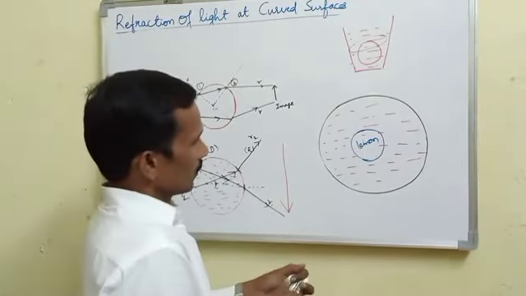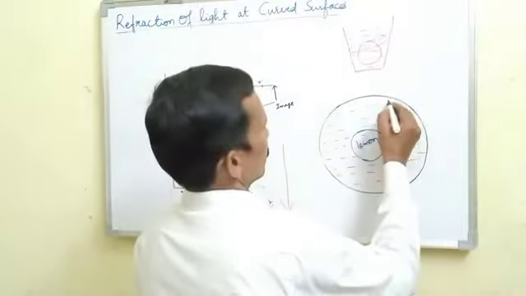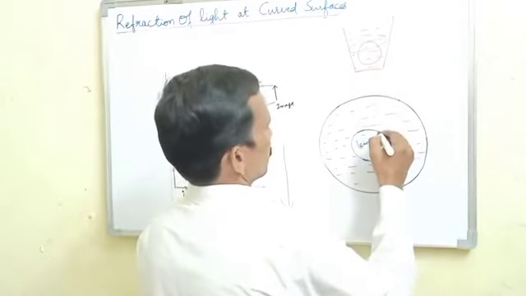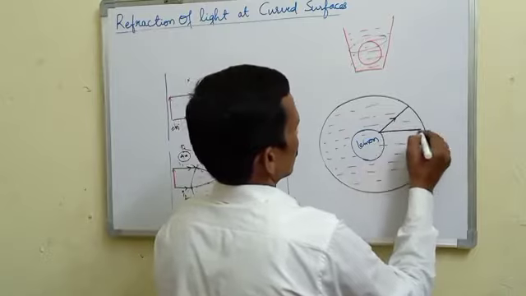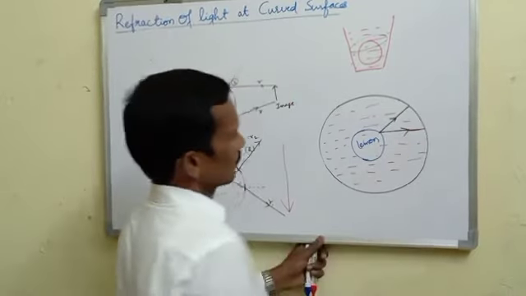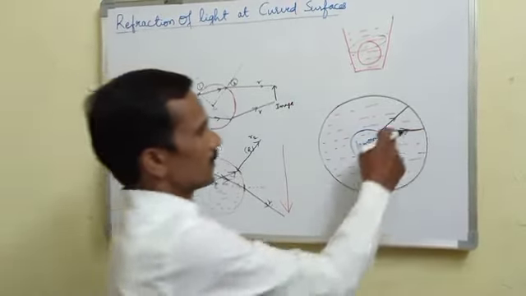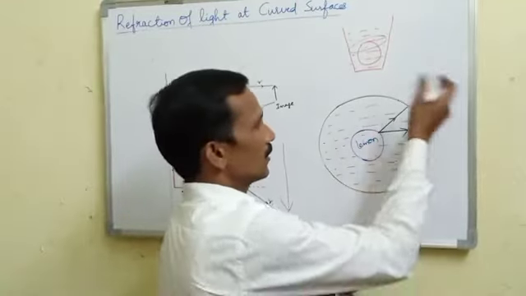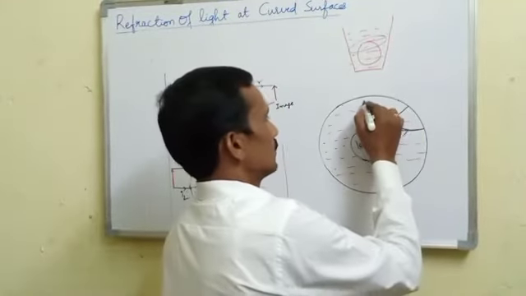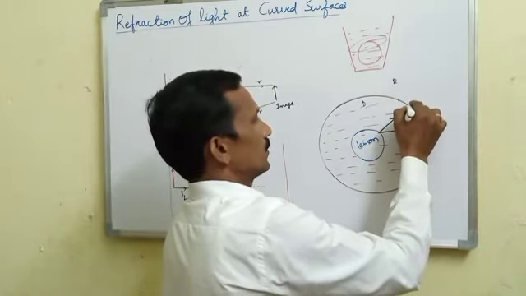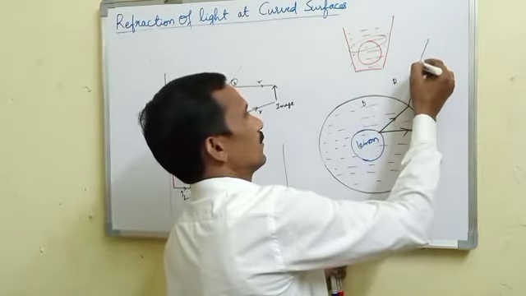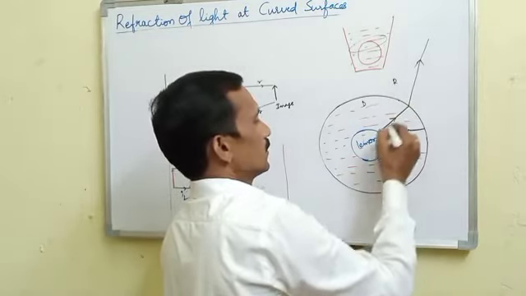Assume that the rays are here traveling like this. Two rays. Denser medium to rarer medium. Outside of the glass it is a rarer medium. Now it is a denser medium. From denser medium to rarer medium, it moves away from the normal. It is the center now.